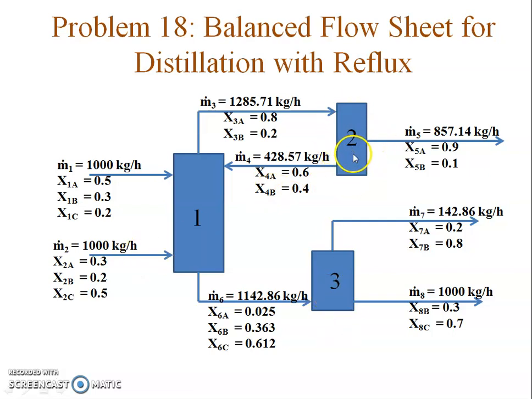We found that the degree of freedom was 0 on unit 2 and unit 3. Because unit 2 has fewer components, I first solved this block and got the values of M3 and M4. Then I had a choice: I could solve either block 1 or block 3. I decided to solve block 3, and then got the other values.